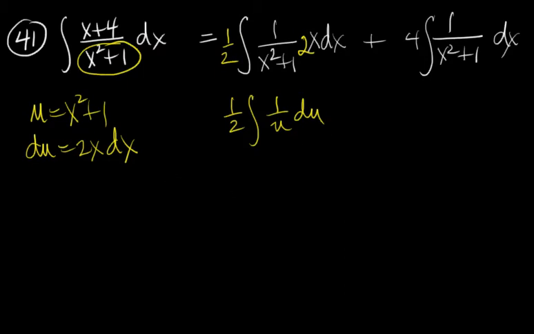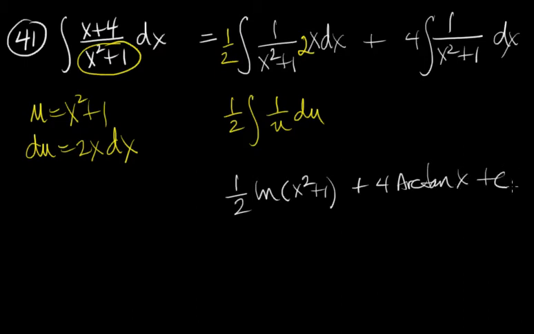And that will be, integrating, 1/2 times the natural log of the absolute value of u, but u is positive, so I don't need to write the absolute value signs. Natural log x squared plus 1, plus 4 arc tan x plus a constant.